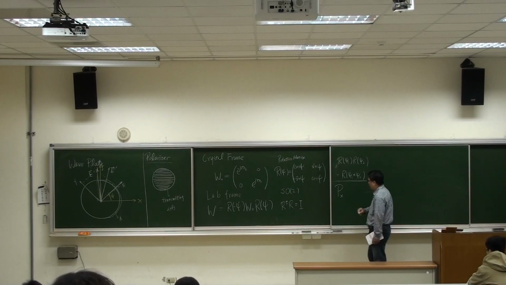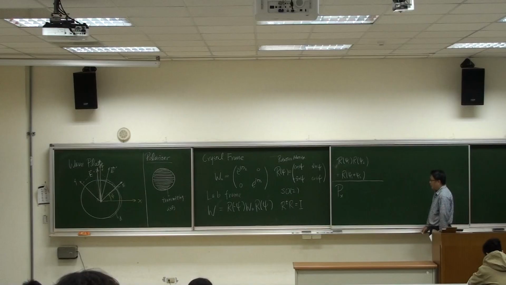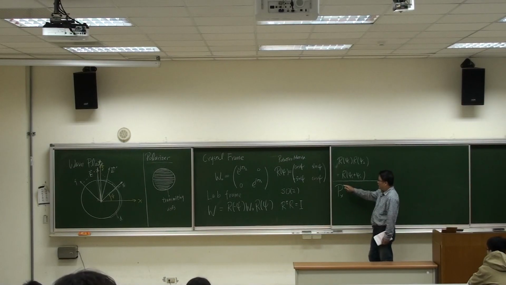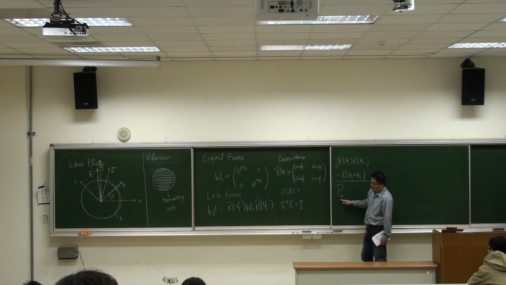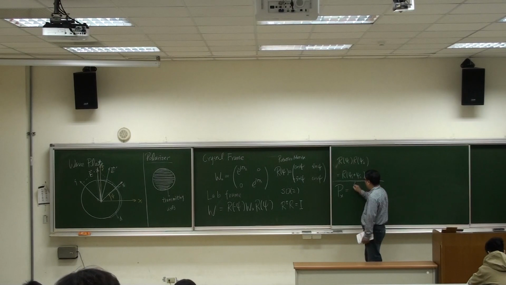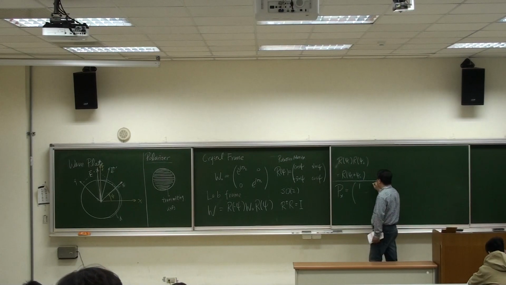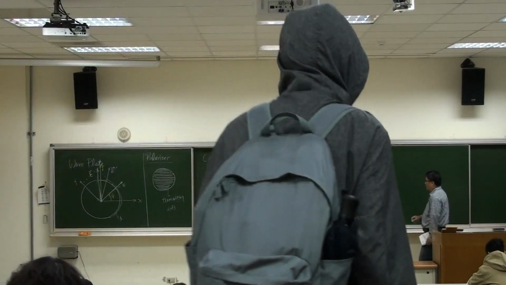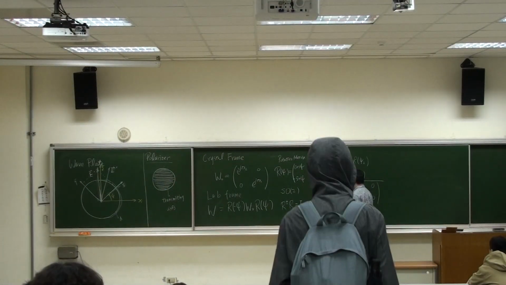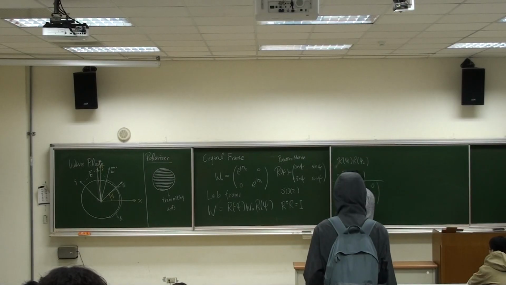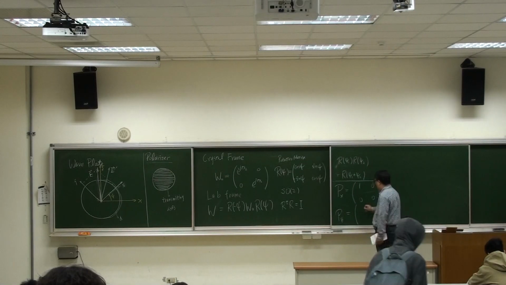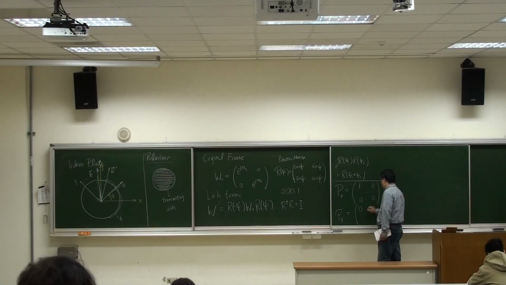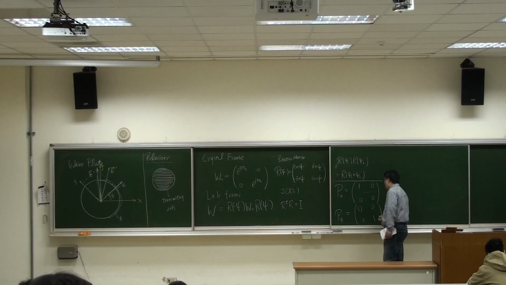Suppose the transmitting axis is along the x-axis, then we denote the polarizer as Px, and we can represent it as 1, 0, 0, 0. And if the transmitting axis is along the y-axis, then we can represent it as 0, 0, 0, 1.